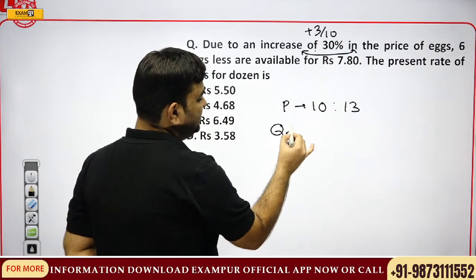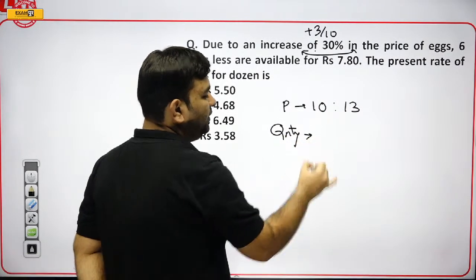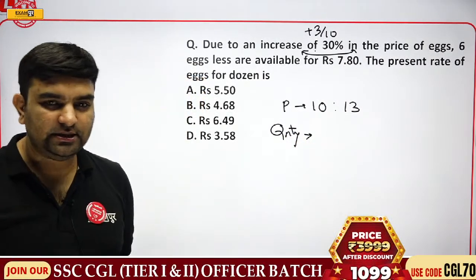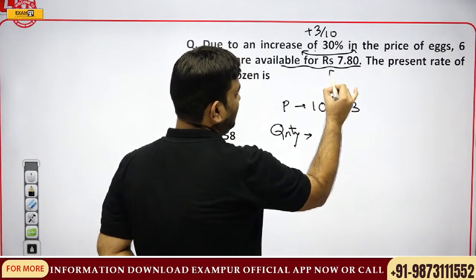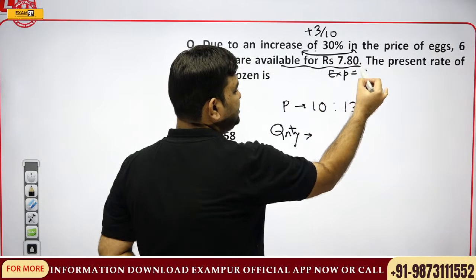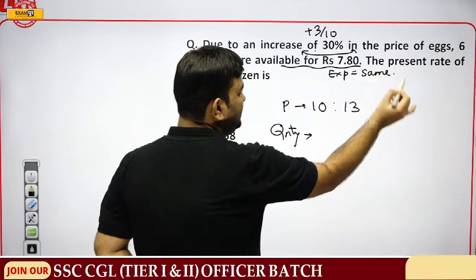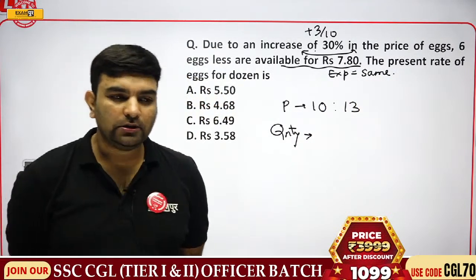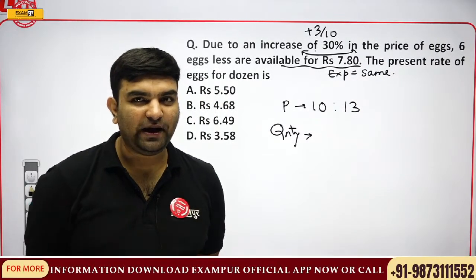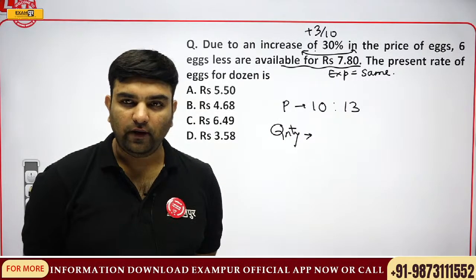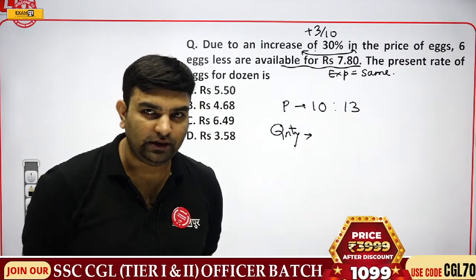Quantity will change in the inverse ratio as the expenditure is the same. It means initially also spending 7.80 and finally also spending 7.80.